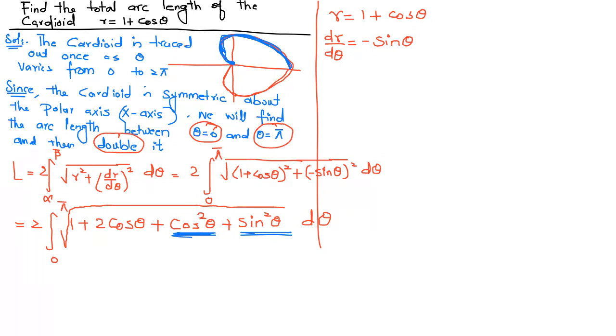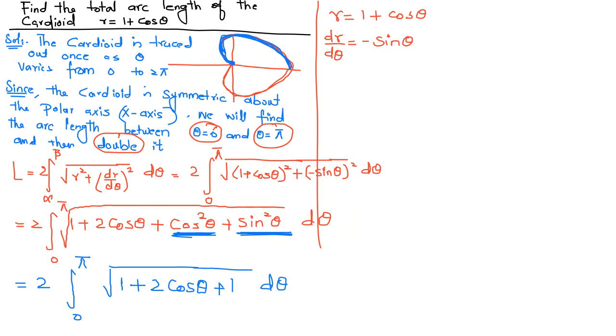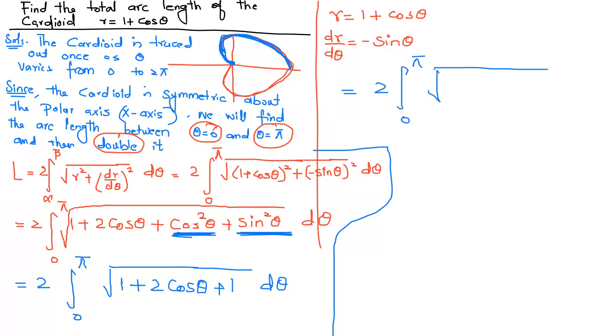So from 0 to pi, square root, this is 1 plus 2 cosine of theta plus 1, d theta. Simplify it, and that is equal to 2 times the integral from 0 to pi of the square root of 1 plus 1, that is 2 plus 2 cosine of theta, d theta.